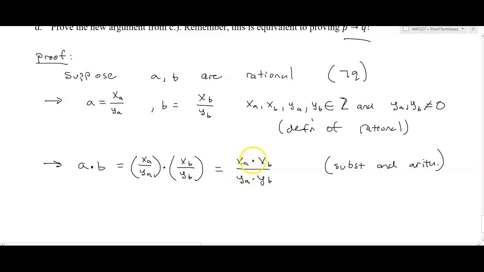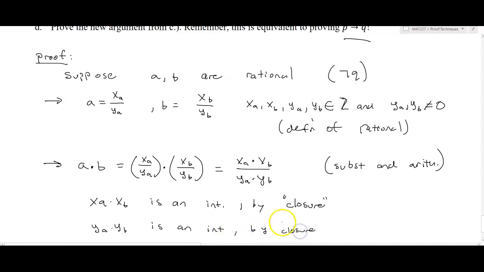Well, if XA is an integer and XB is an integer, that means XA times XB is an integer. How do we know that? This is by closure. And also YA times YB is a product of integers, therefore it's an integer by closure.